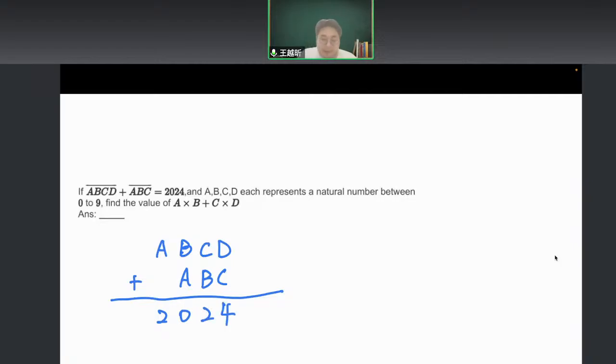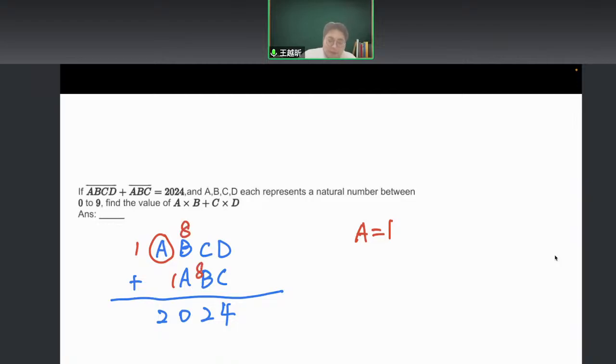And A can be what? B can be what? Then you find out A can only be 1, right? And then B plus A to calculate. So can B be 9? No, of course not. Because if B is 9, this one cannot be 2, right? So actually B can only be 8.